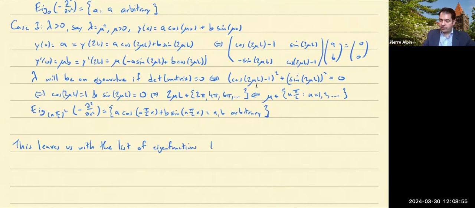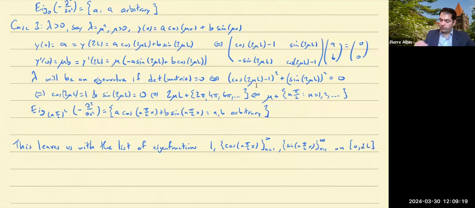Right, so our list of eigenfunctions: the function 1, then cosine nπ over L x, where n goes from 1 to infinity, and sine nπ over L x, where n goes from 1 to infinity.